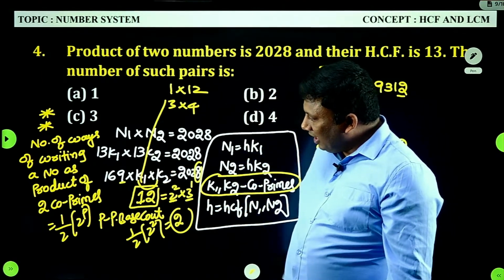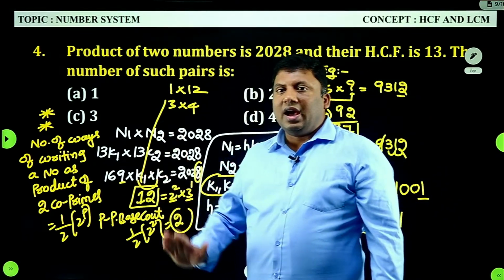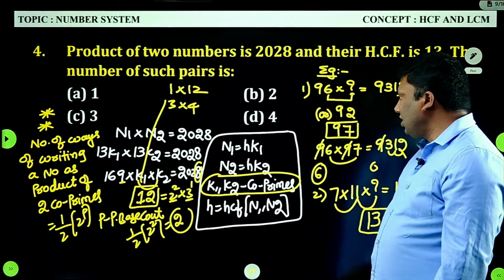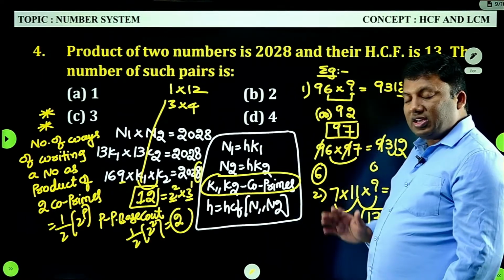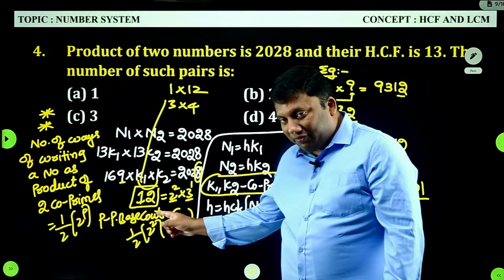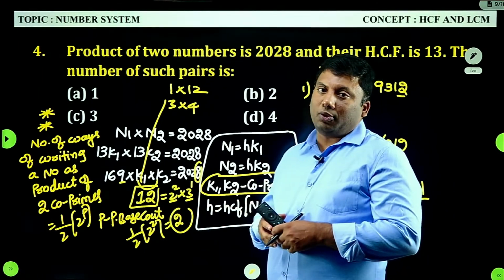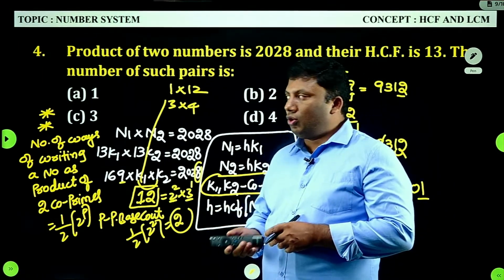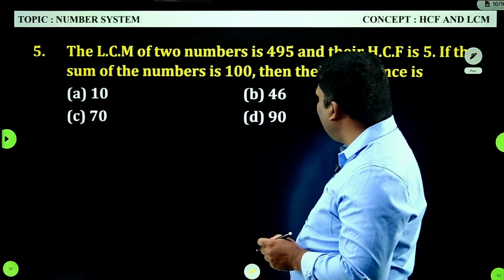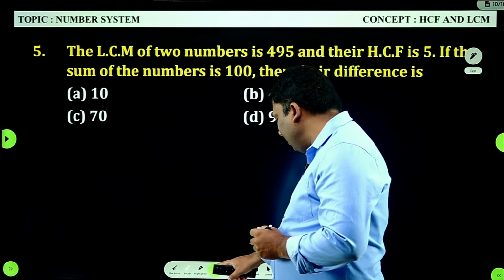How to write the number as a product of two co-primes is also clear. These two examples are clear. This proof I will give you. There is one more problem. While discussing, I will give you the proof of 1 by 2 into 2 power p.